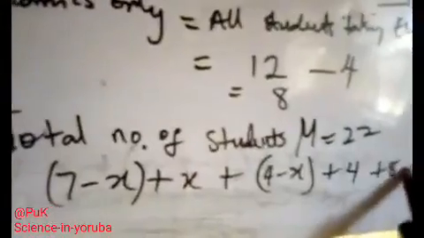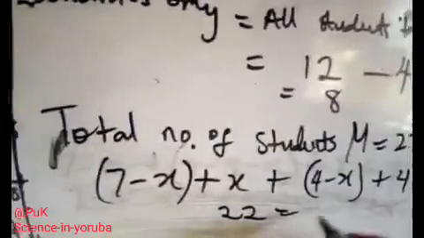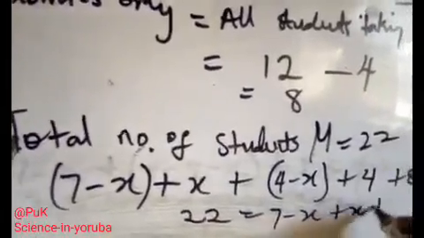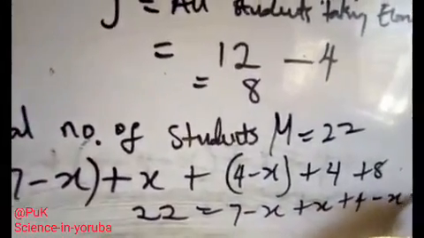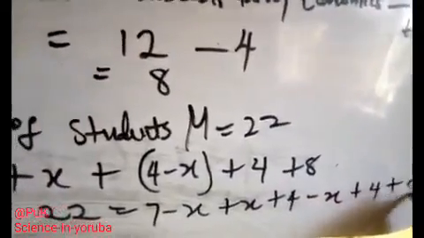So 22 is equal to 7 minus x plus 4 minus x plus 4 plus 8.